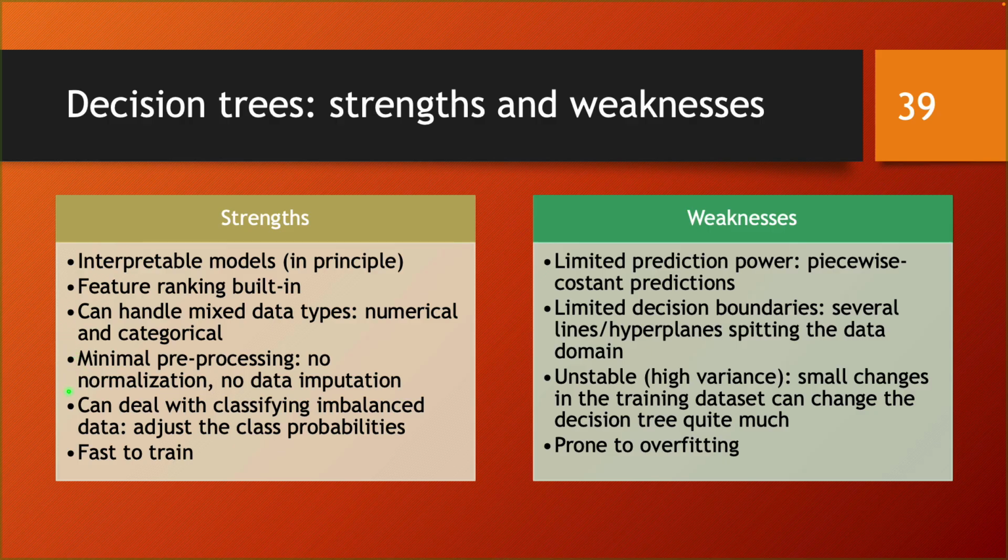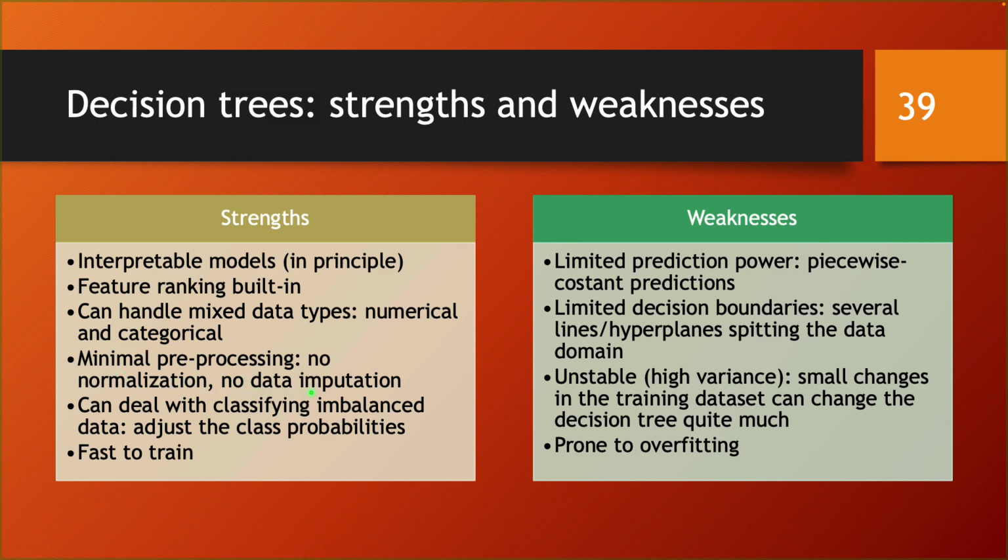Another advantage is that you have minimal pre-processing that you need to do on your data before you are able to apply decision trees. For example, you don't really need to do normalization on your training data set, something that is really necessary for most other machine learning models.